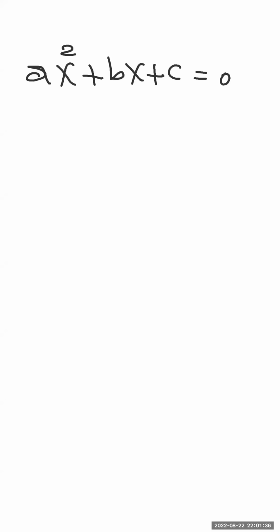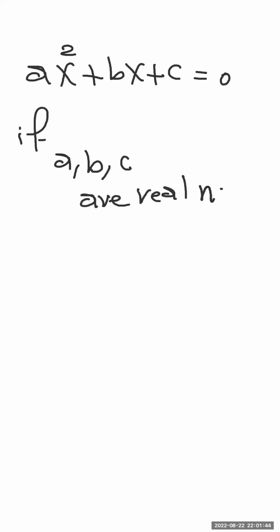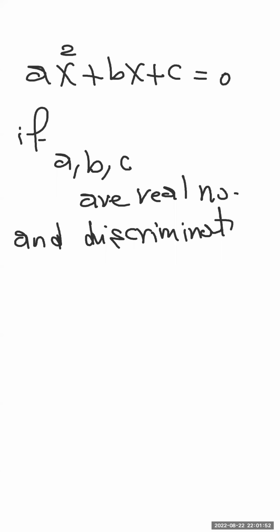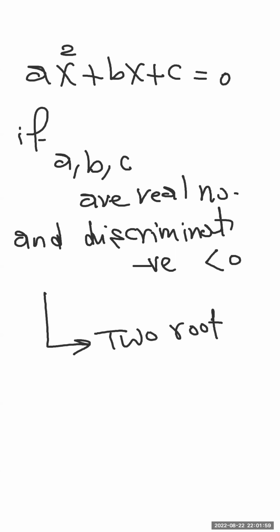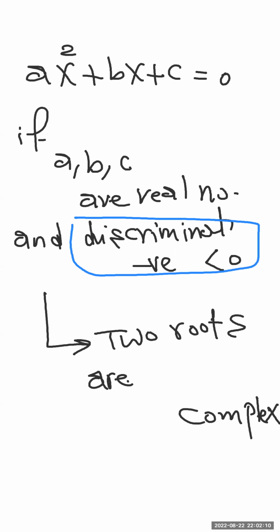If a and b and c are real numbers and the discriminant is negative, or in other words, less than 0, therefore the two roots are complex. If the discriminant is negative, this means the two roots are complex and not real roots.